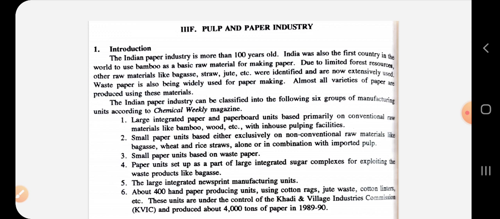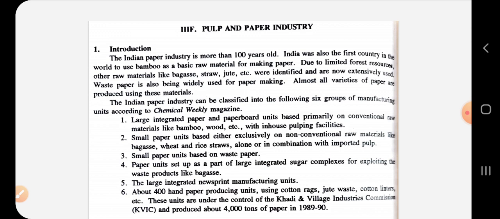First one is the large integrated paper and paperboard units based primarily on the conventional raw materials like wood and bamboo for their pulp. So these industries use wood cellulose as their main raw material.